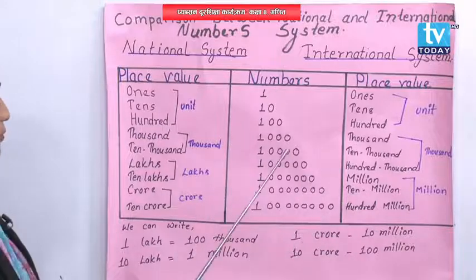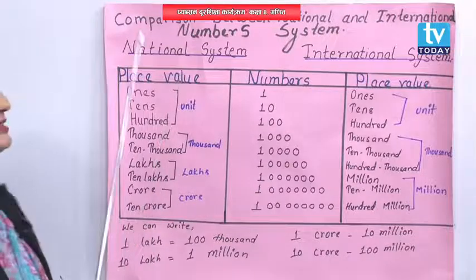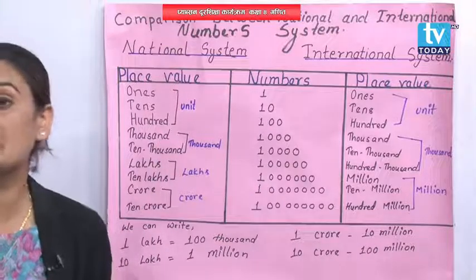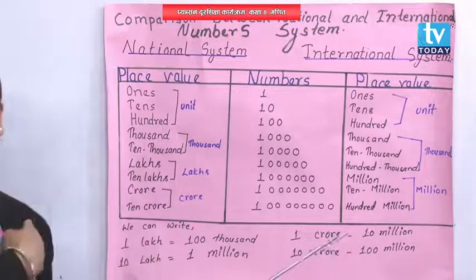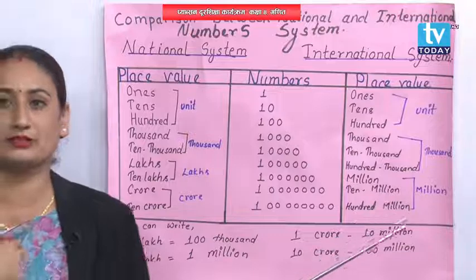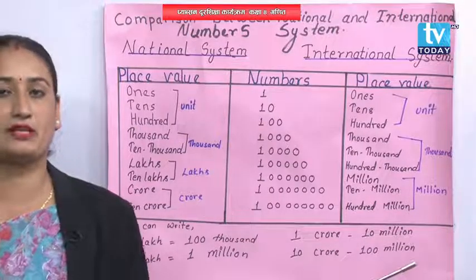Good. So 10 lakh in the national system will be 1 million in the international system.